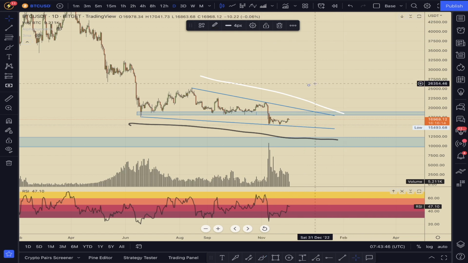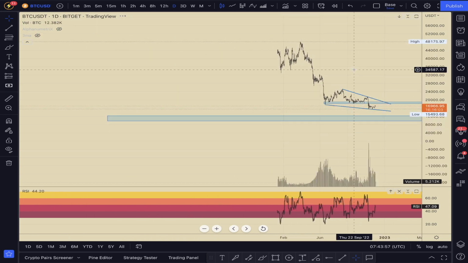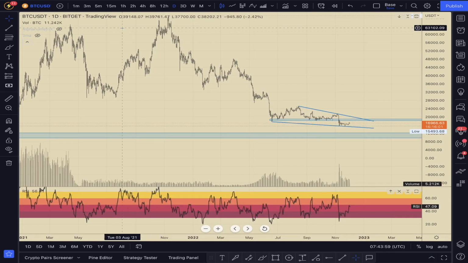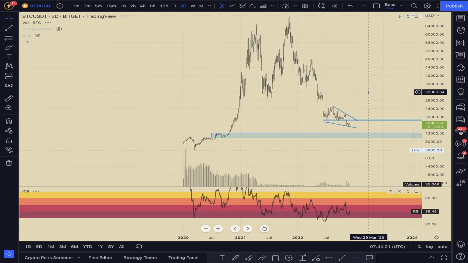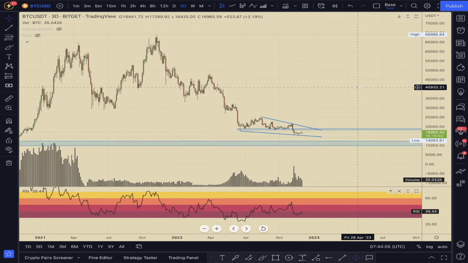But that being said, the local consolidation has shown a change of character, and we have shown a change of behavior in the price candles. So for those who are unfamiliar with the Wyckoff method, let's go onto a higher time frame here onto the 3-day. You want to identify a change of character or a change of behavior.